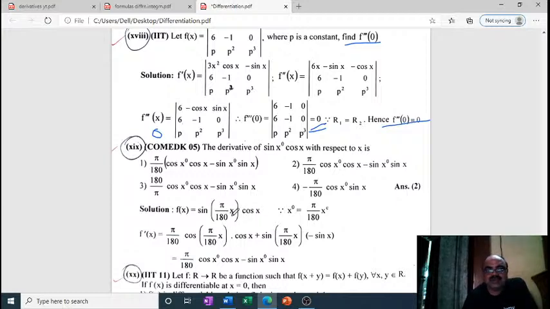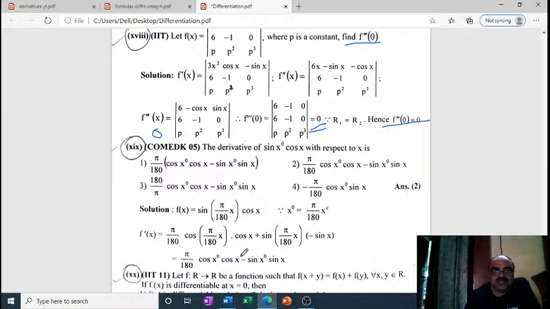Now uv method, u into v dash plus v into u dash. When cos x into, if you differentiate this, pi by 180 constant comes out, sine will become cos of pi by 180 x into cos x. Plus sine of pi x by 180 into cos x differentiation is minus sine x.